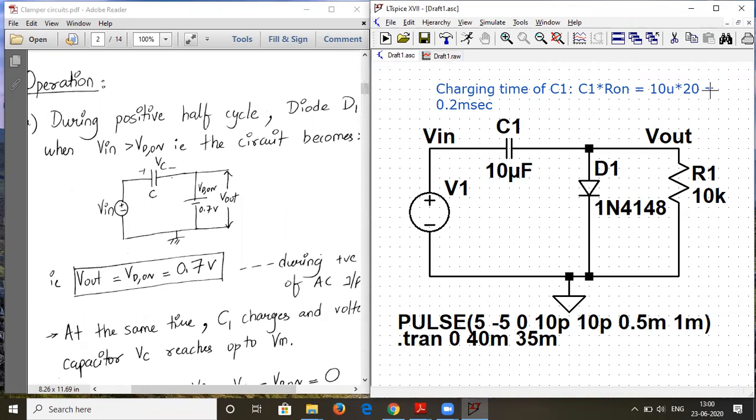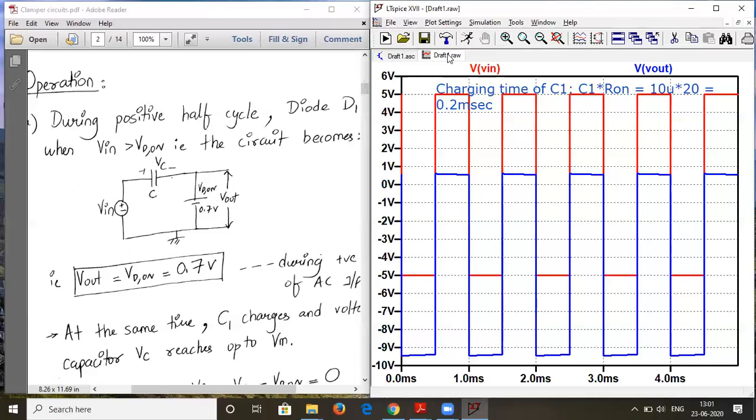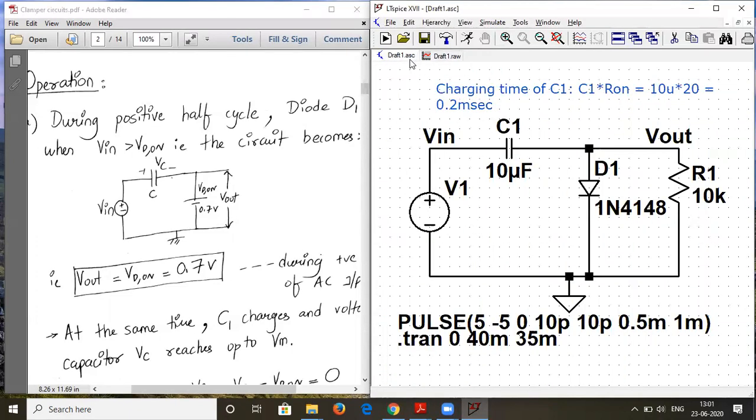I have written 20, but it's even smaller, and it will also keep slightly fluctuating. So this value is quite small, and hence the charging time of this capacitor is extremely fast. Hence the output charges instantaneously with the input, and you do not see any lag over here. Okay, let me just clear out the annotation.